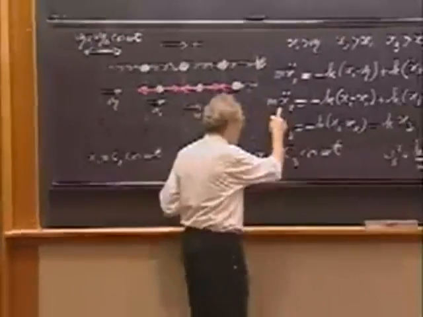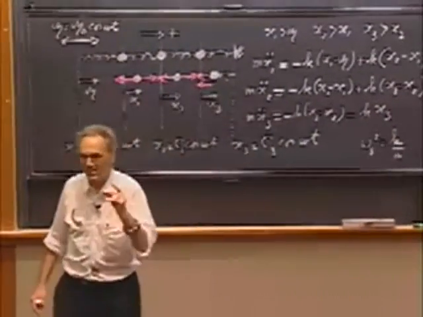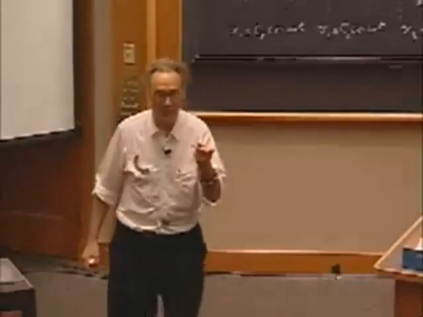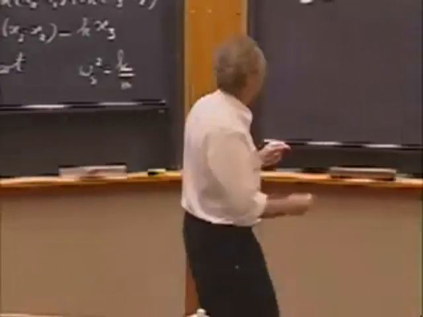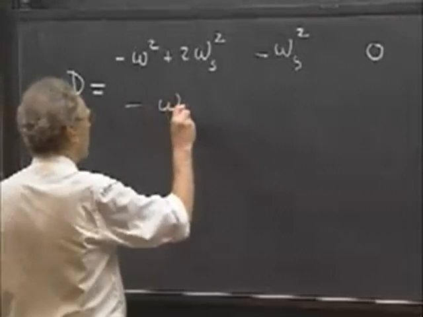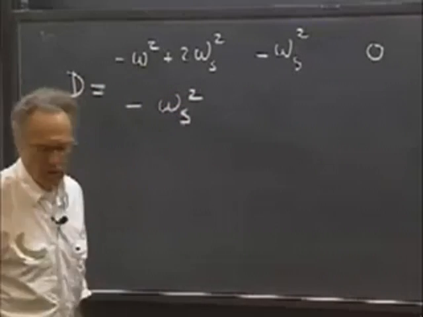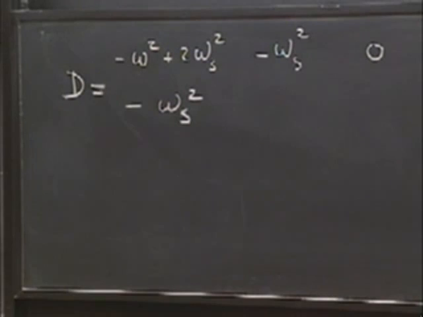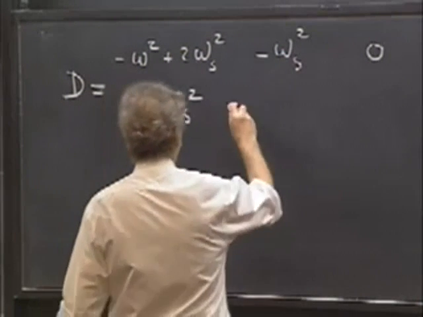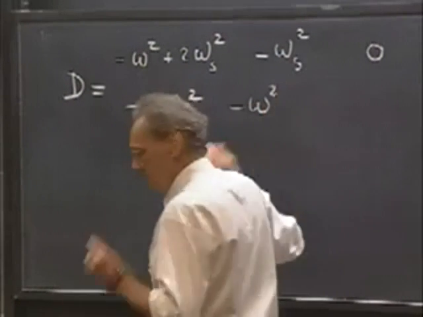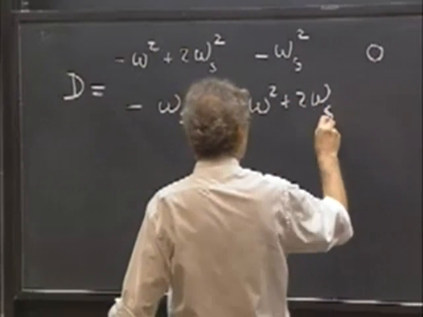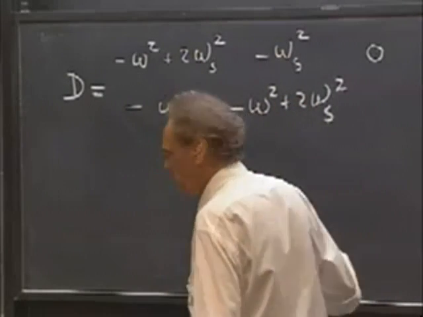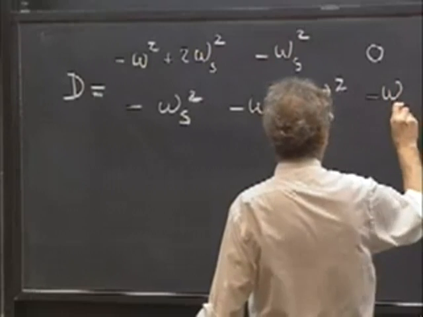But if you look at the second differential equation, that has an x1, an x2, and an x3 in it. So now you don't see zeros. And so what you're going to see is minus omega s squared. That's going to be the C1 term. And then you get here minus omega squared. I think it is plus 2 omega s squared. And your last column is going to be minus omega s squared.